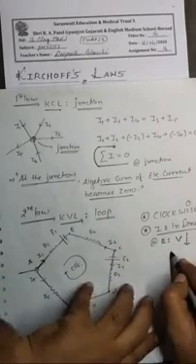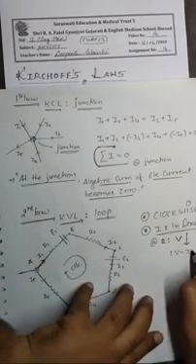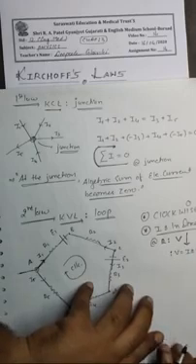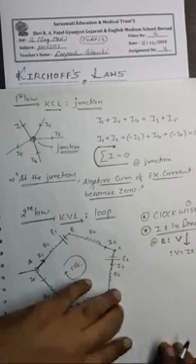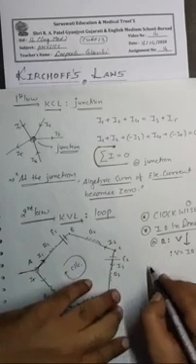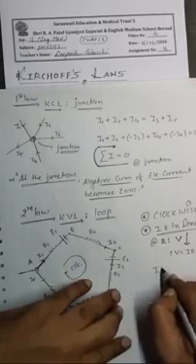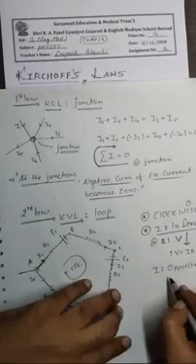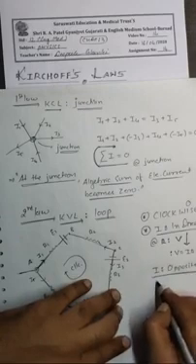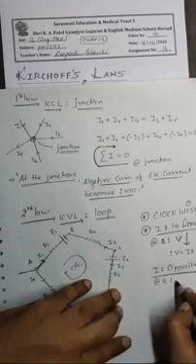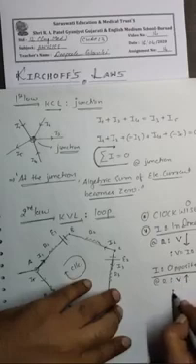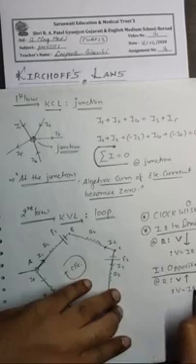And because of this reason, V is equal to IR, this value you have to take negative. Okay? Then similarly, if electric current is in the opposite direction, then at the resistor electric potential gains, and because of that V is equal to IR, you have to take positive.